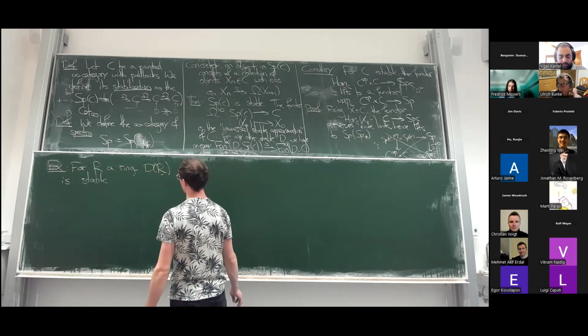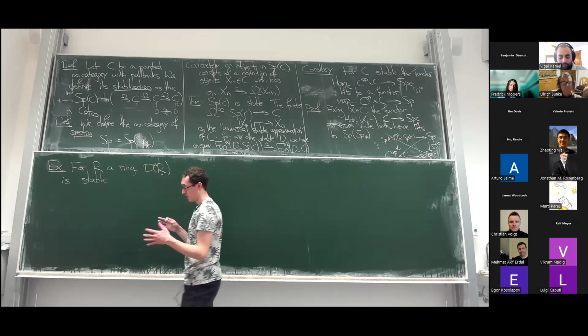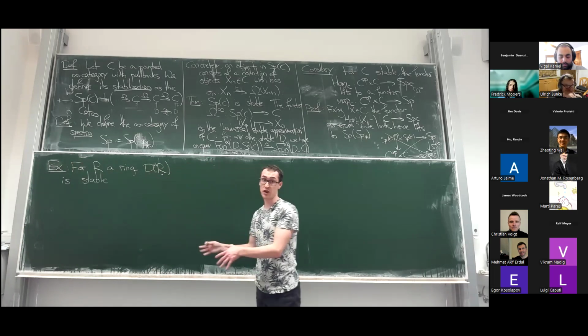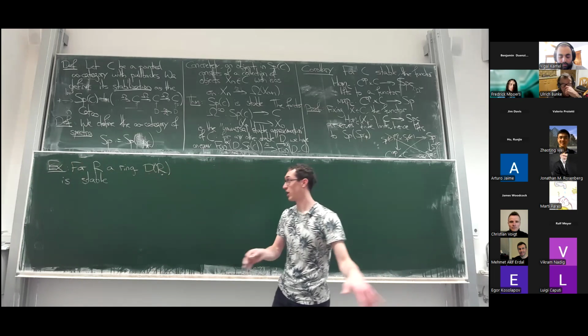In this case, the loop functor is just a functor that shifts the chain complex to the right. The suspension functor is just the functor that shifts the chain complex back to the left.